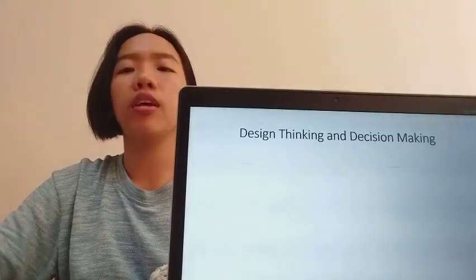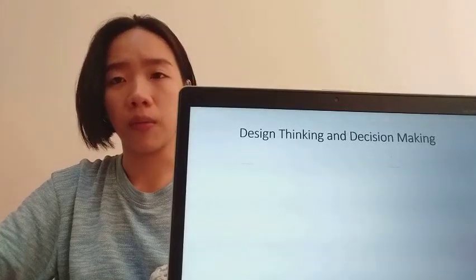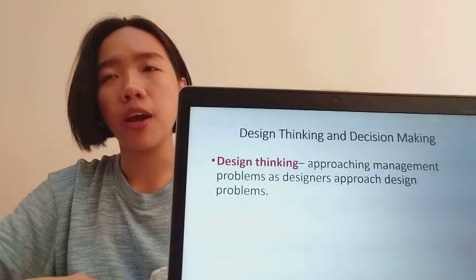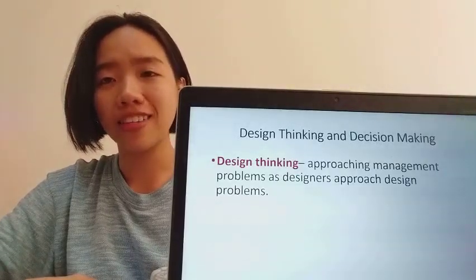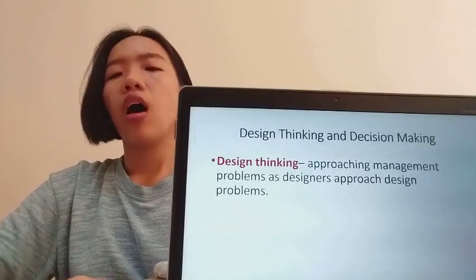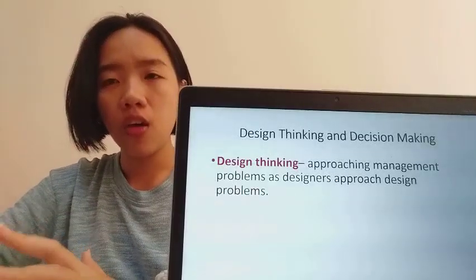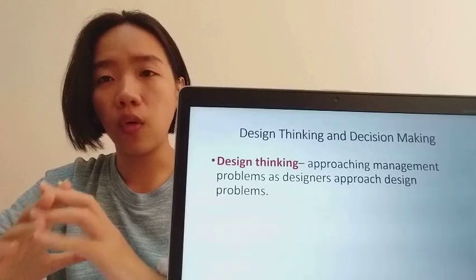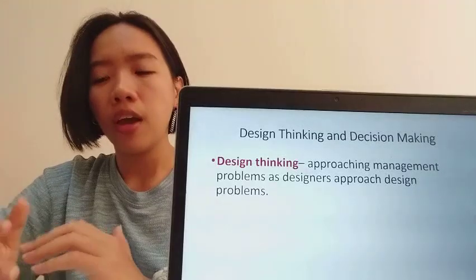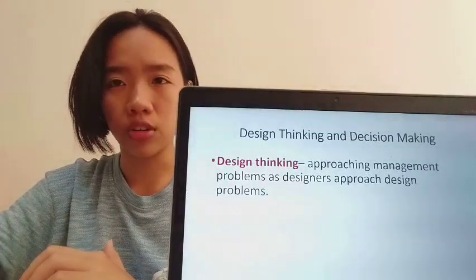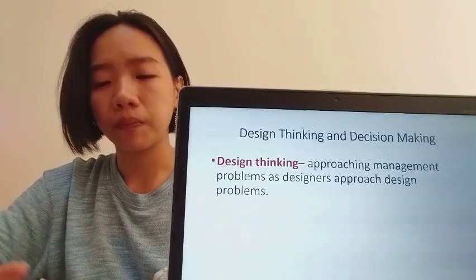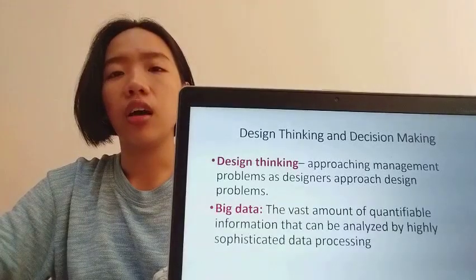The next part is design thinking and decision making. So what is design thinking? Design thinking is when a manager approaches a problem as designers approach a design problem. With design thinking, managers must not focus only on rational thinking or rational information, they also have to consider other factors like feelings, like a designer.